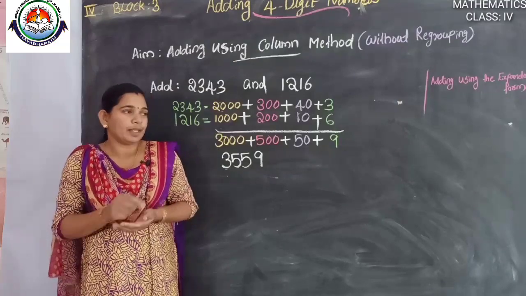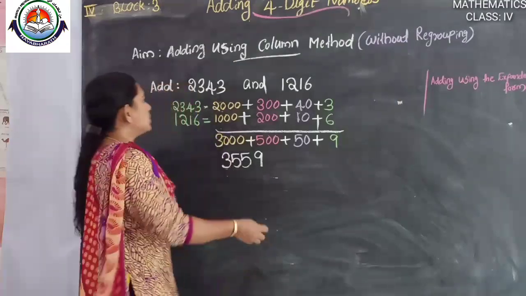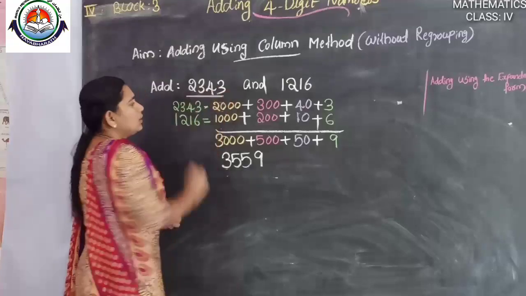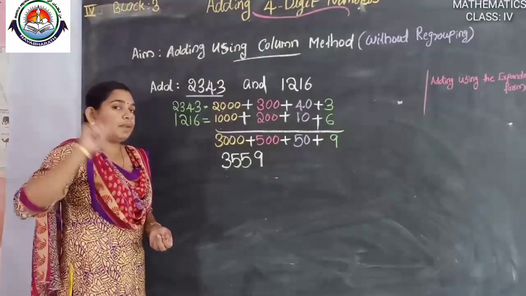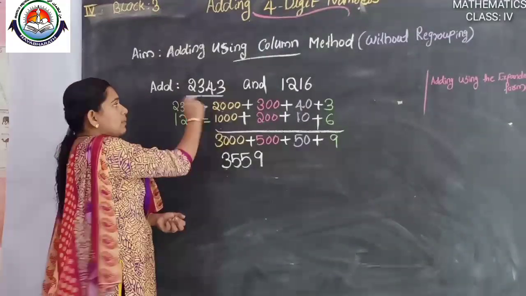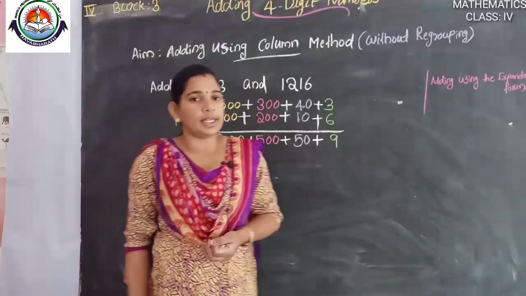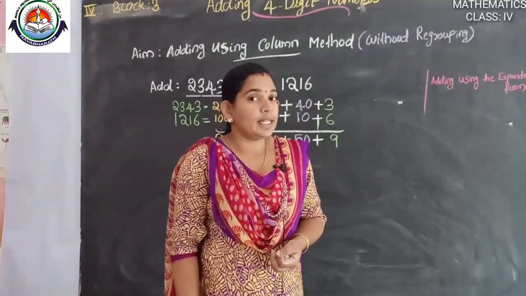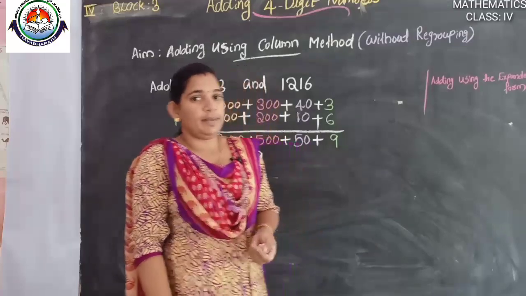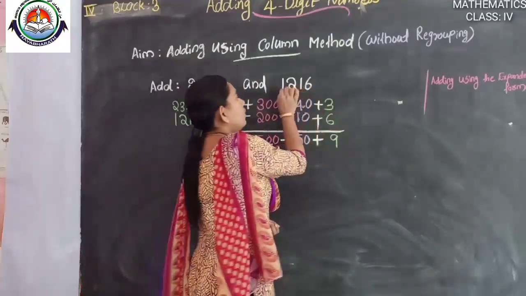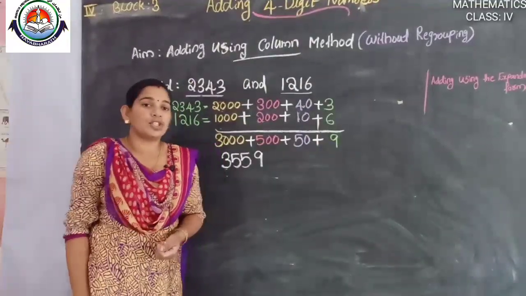Okay, ready? Then write the numbers. On the first paper you write this number, 2343. On the second paper you write 1216.